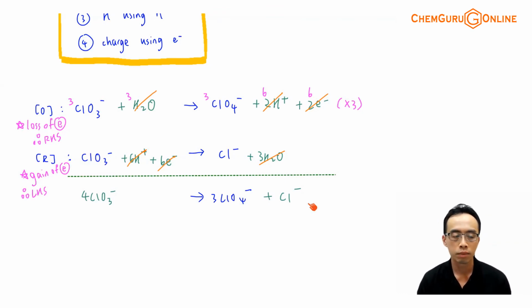So if we think about it, when we balance the overall disproportionation reaction, it's just a redox reaction. We have the oxidation half equation and the reduction half equation. We balance the half equations using the 4 steps that we have talked about, and then we add the two equations together, making sure that we modify the half equations so that the number of electrons will cancel totally.